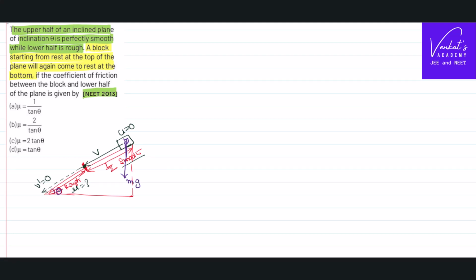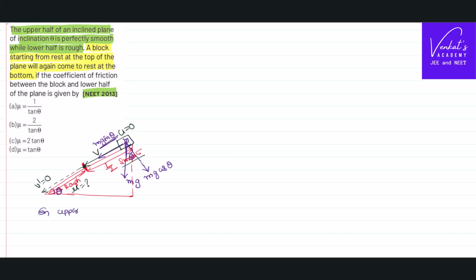The angle of inclination is theta, so this angle also becomes theta, and mg can be resolved into the adjacent component mg cos theta and the downward component mg sin theta. So in the upper half, there is only one force acting down the inclined plane, that is mg sin theta.